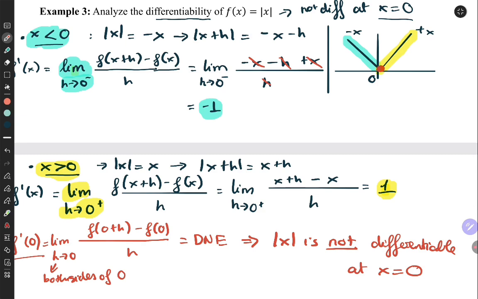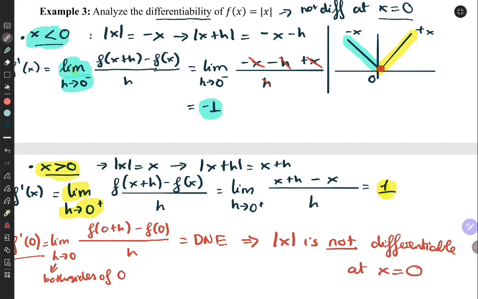Compare this to a function. Give me something that looks almost the same, like that. Another function that looks very similar to that, but this time it's differentiable. It looks very similar to that absolute value, but smooth. Can you think of one? You should be able to do it. Give me a function that looks similar to that.